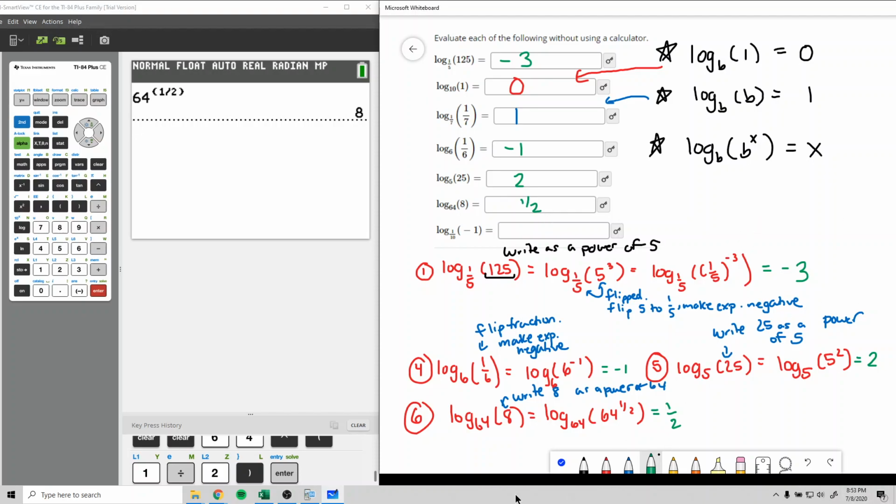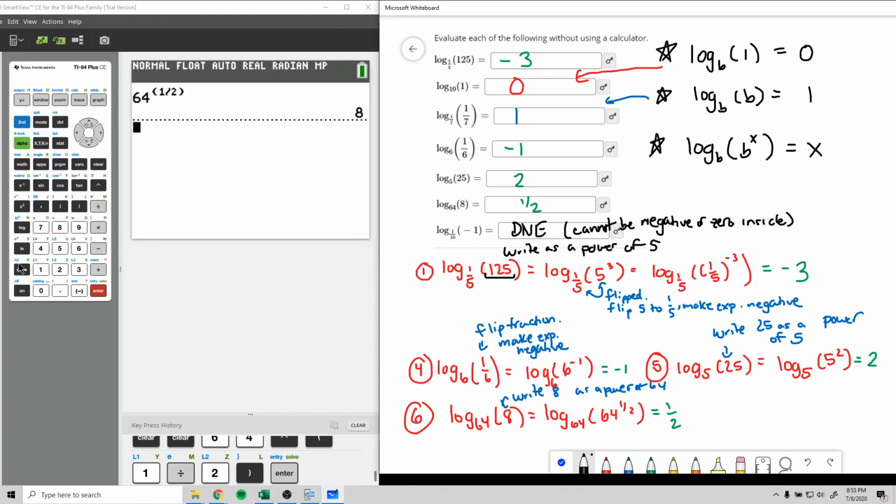Now the last one isn't so much a rule in this section, it's just something we learned before. You can't plug in negative numbers into logs, so this is D and E. It doesn't matter what it is, it cannot be negative or 0 inside. You can even check that on your calculator.